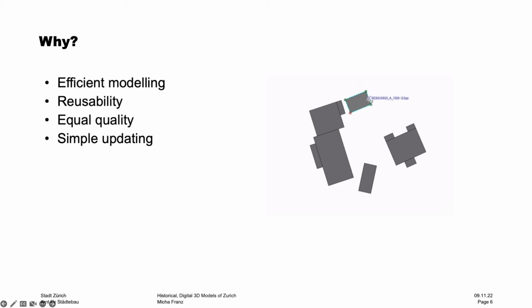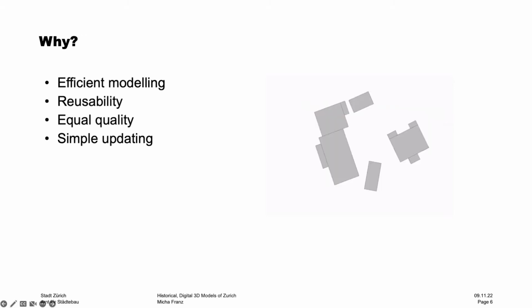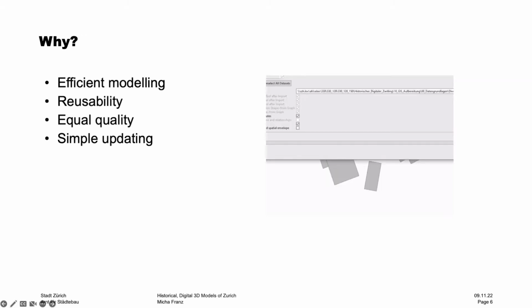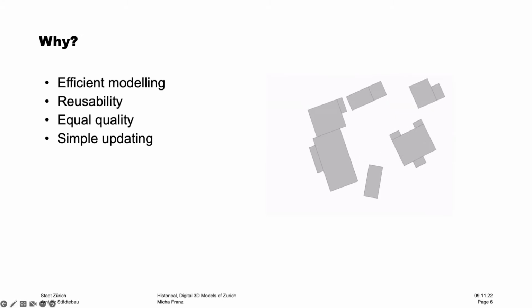And we can simply change the 2D geometry of the footprints in ArcGIS Pro, and a Python script imports them into CityEngine and checks if the footprints are already existing, if they are new, or if they were modified, and then it deletes the obsolete ones. And this really assures that we always have a consistency between our 2D and 3D data, which is very important.